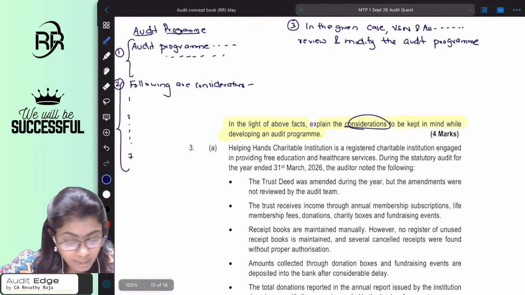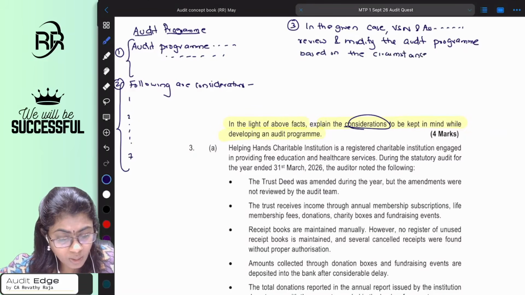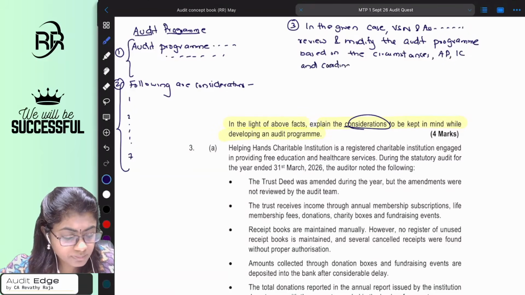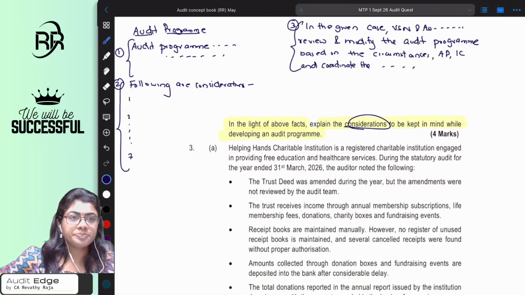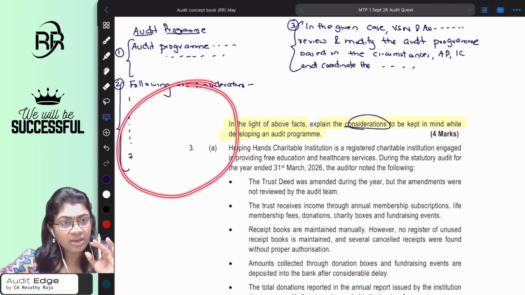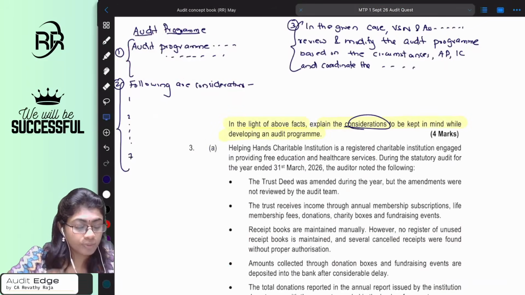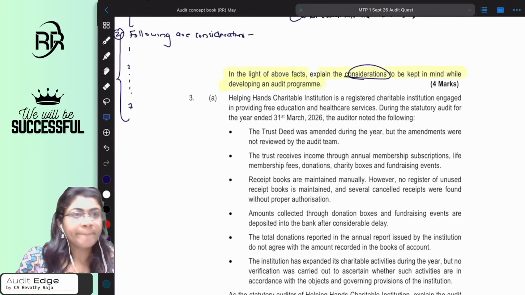Review and modify the audit program based on the circumstances, based on the audit procedures, and based on the internal controls. And they should coordinate the procedures to be performed. So that should be the third paragraph. Even though the answer is only directly this point, we should start the entire audit program and conclude the presentation. Done.